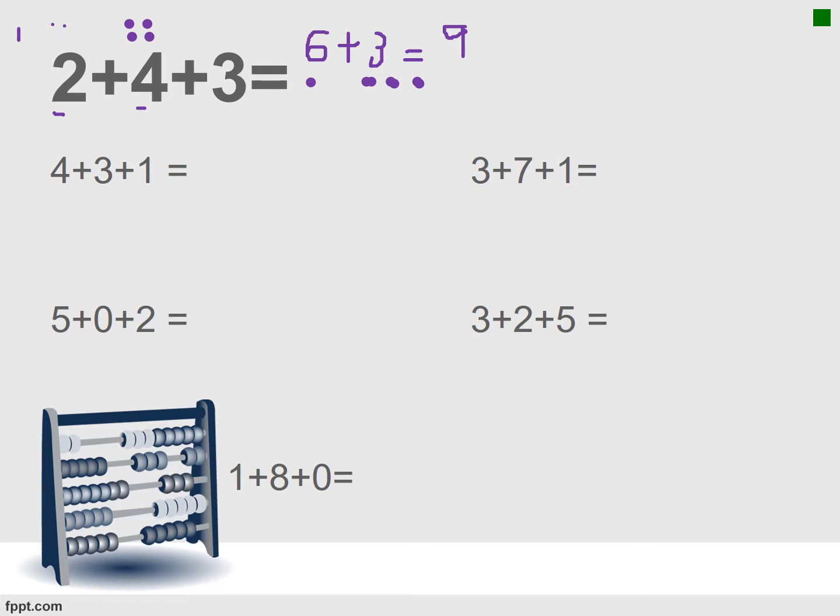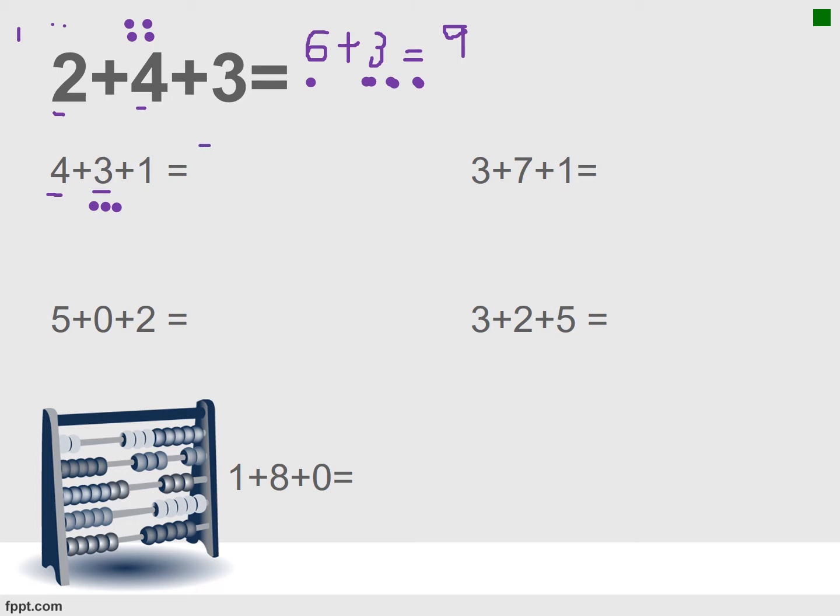Let's do the next one. Let's add the first 2 numbers. What are the first 2 numbers? 4 and 3. You have 4 here, 2, 3. So 4, what is the next number? 5, 6, 7.